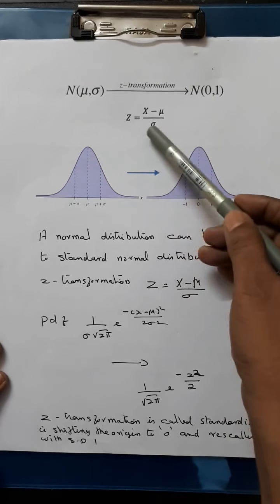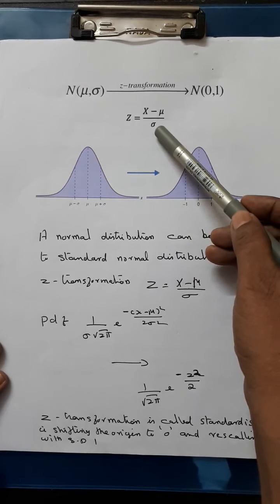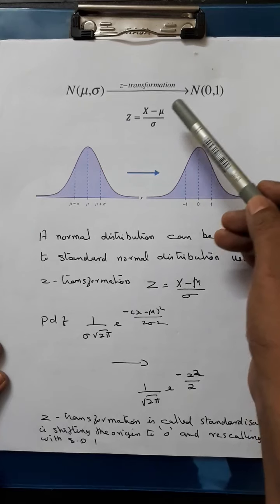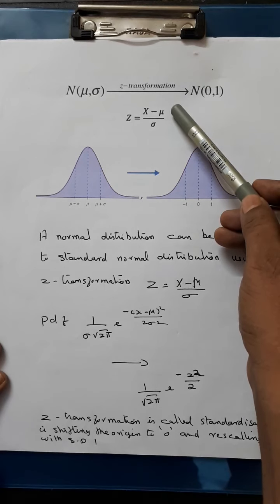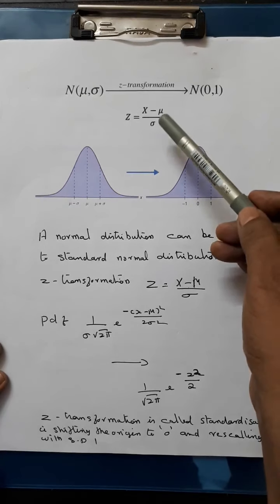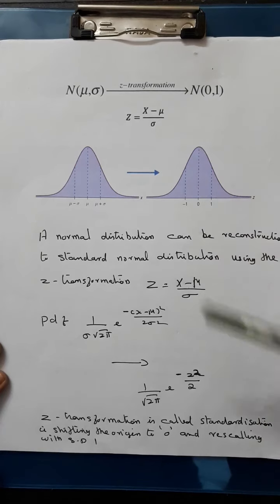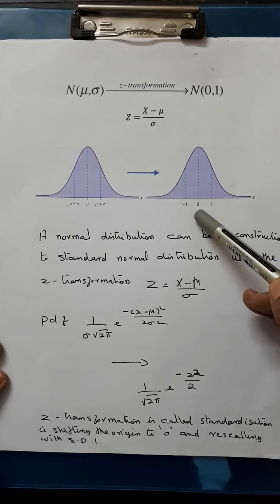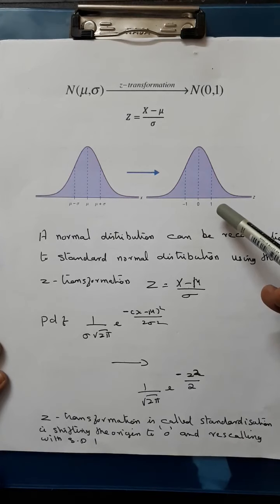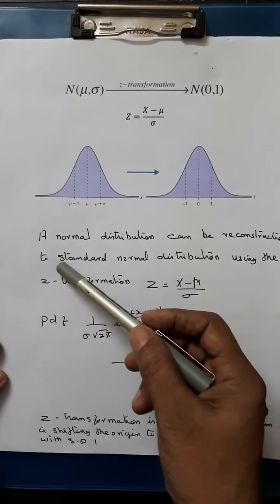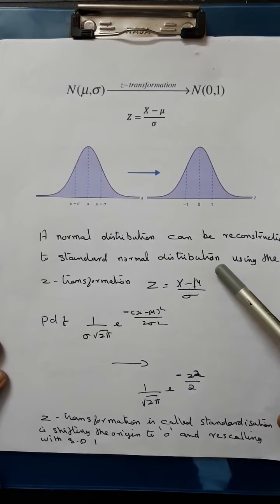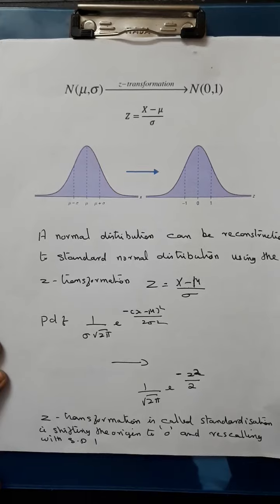We know this Z equal to x minus mu by sigma is shifting the origin from mu and rescaling this random variable with sigma. So we are getting our origin as 0 and standard deviation as 1. That's why this distribution is called the standard normal distribution.